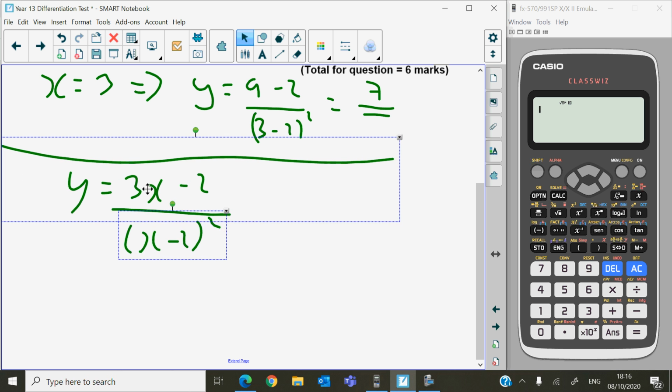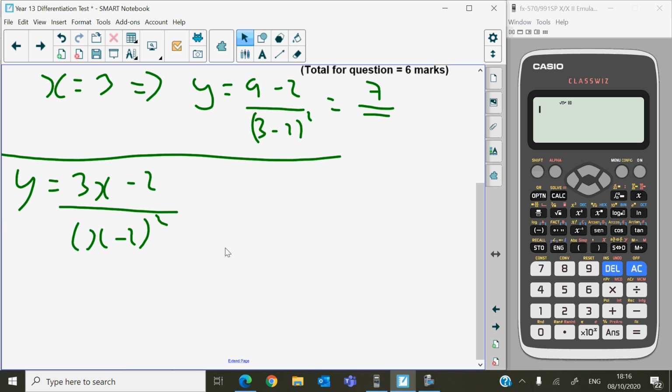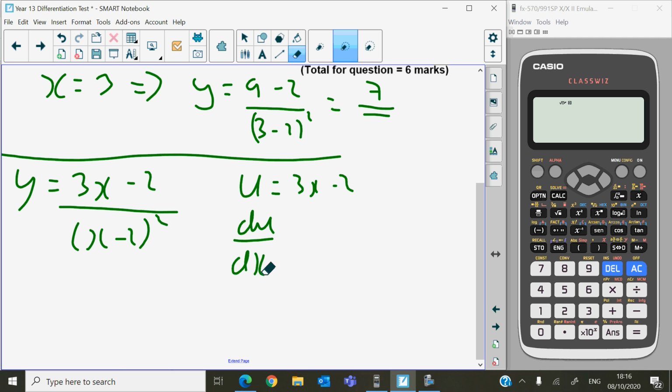Let's move that over a bit. There we go. So I've got space. Now I've got u is equal to the top, 3x minus 2. Du by dx is equal to 3. V is the bottom. It's equal to x minus 2 all squared.